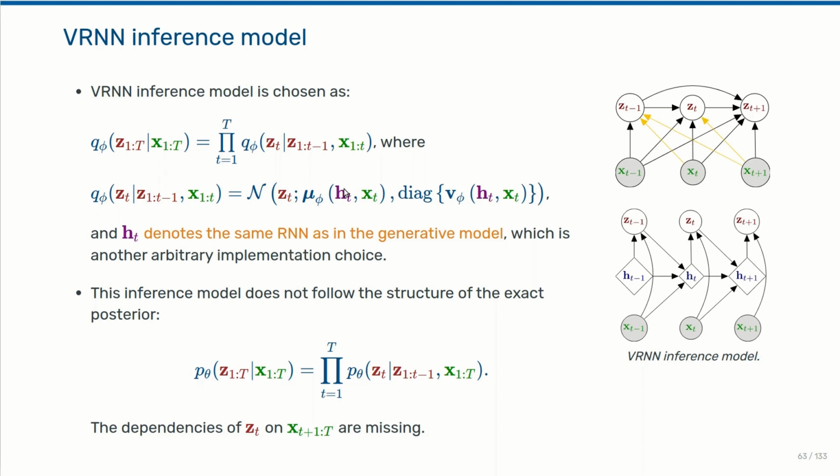So in here, in VRNN, the HT in the inference model is exactly the same, meaning that it shares the parameters with the HT of the generative model. This is again an implementation choice, and we could have chosen otherwise.